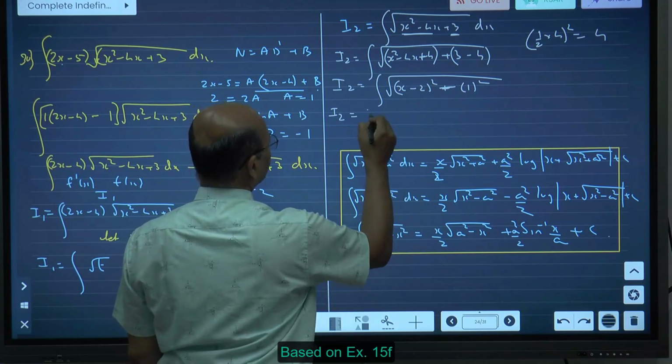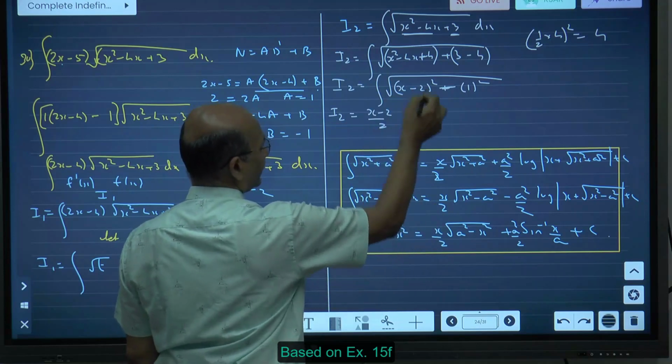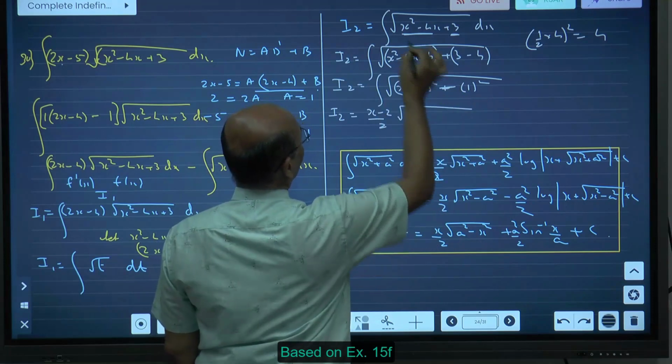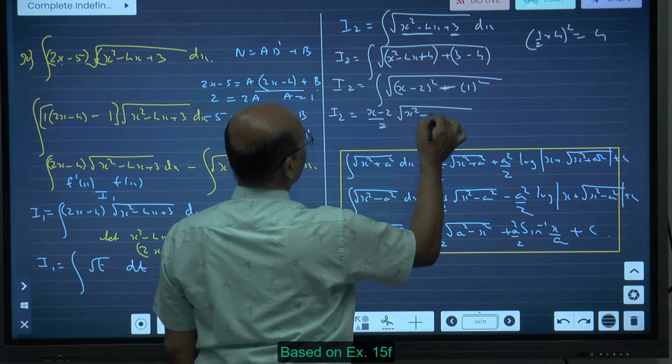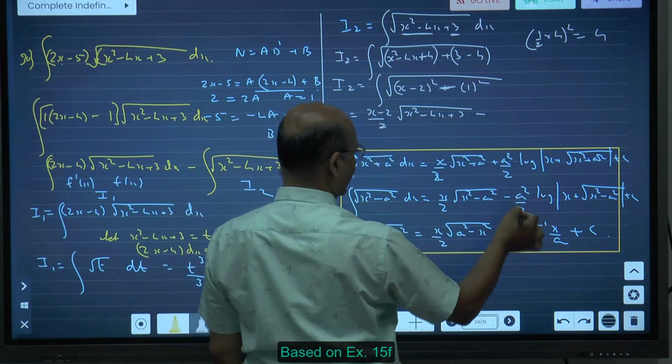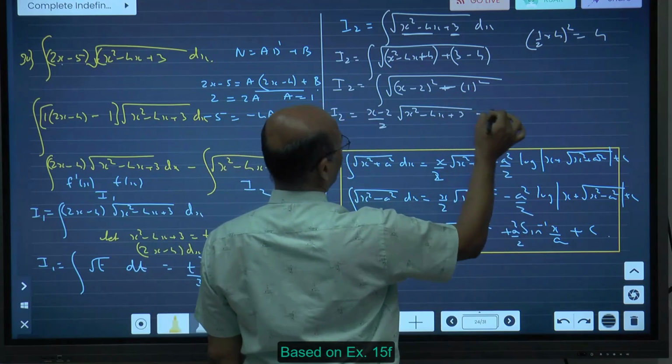So I2 will be eventually what? x by 2, this is my x now, then square root of this. What is square root of this? This only, x square minus 4x plus 3, minus a square by 2. A is what? 1.